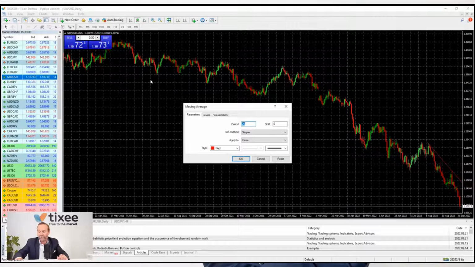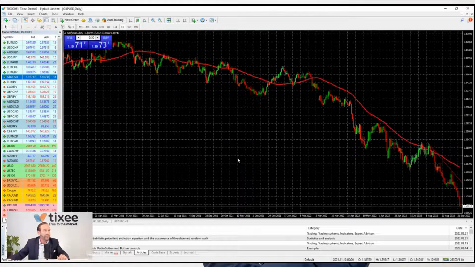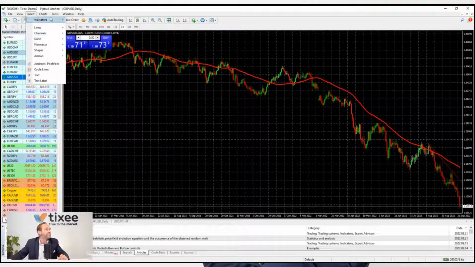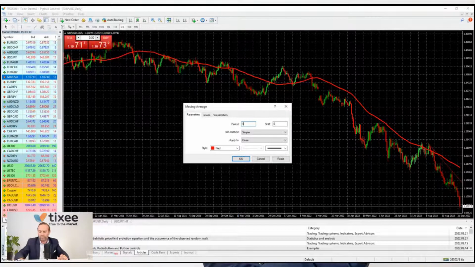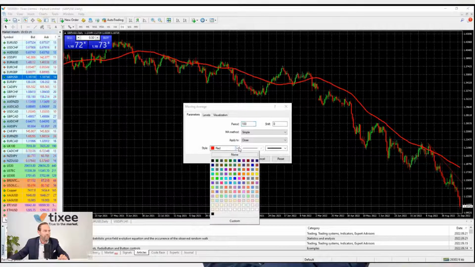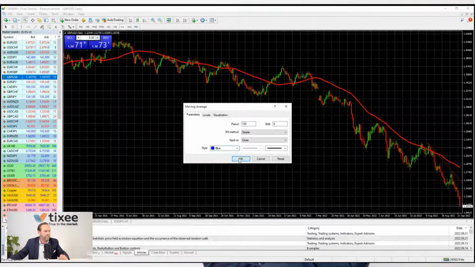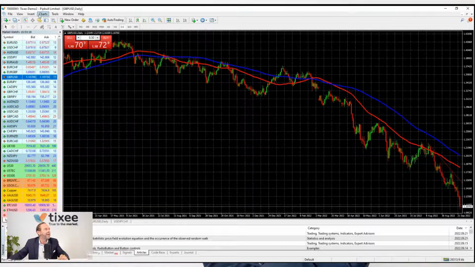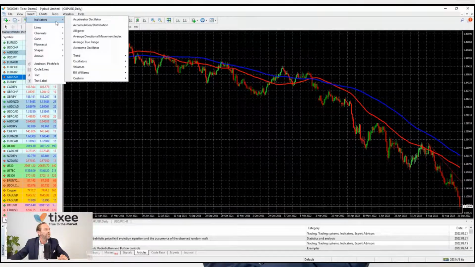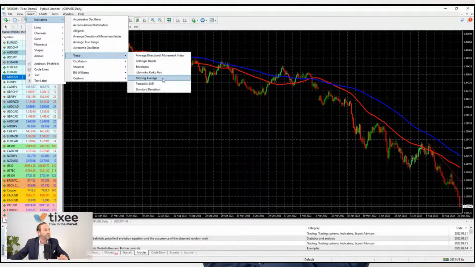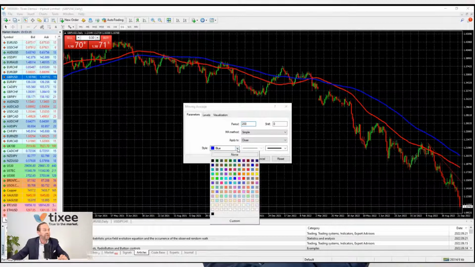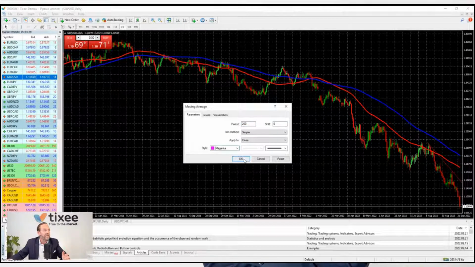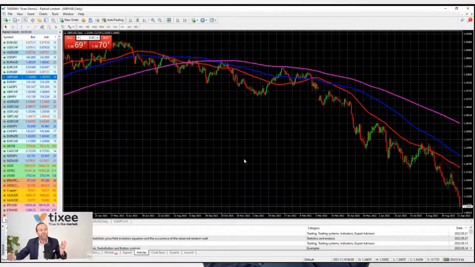Because it's a daily, I go 50, the nice red one. I then go for 100. And because I'm looking at the long term, I'll go for 200. That's my preference, because it's taking the closing price over a longer period of time.